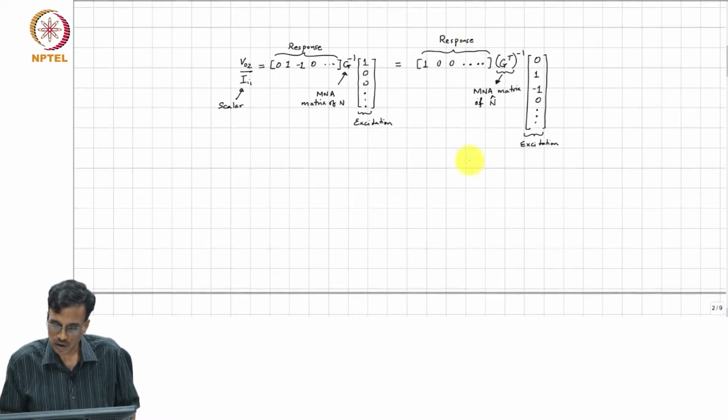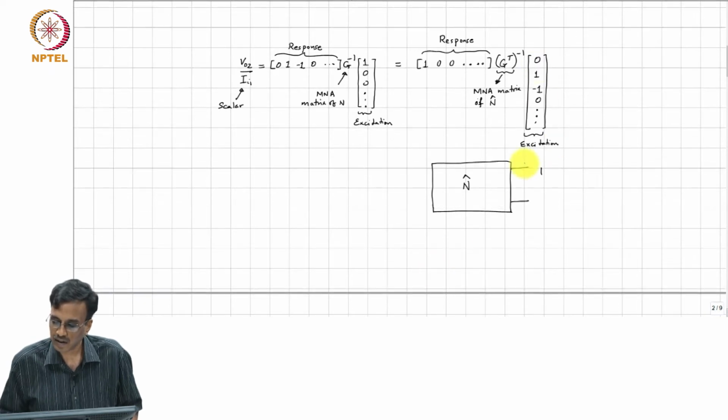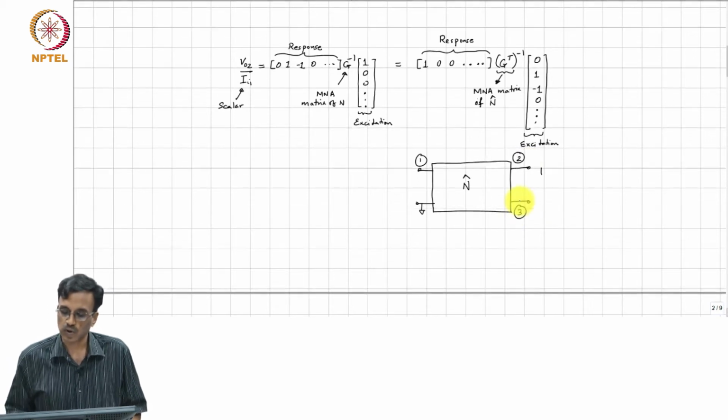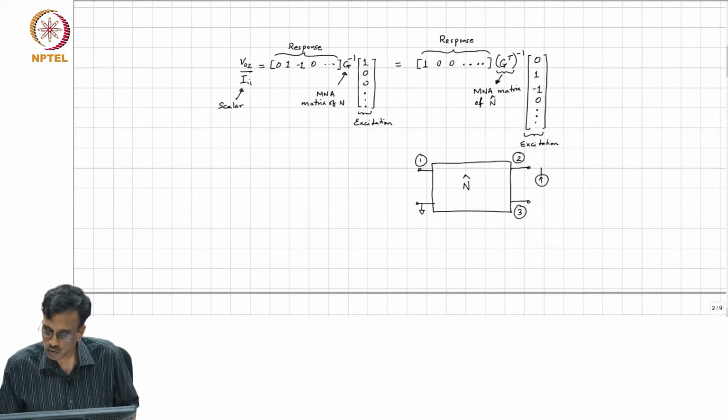All right. So, if you draw the circuit corresponding to this, it is N hat, and the excitation is between, remember this is node 1, this is ground, this is node 2 and this is node 3, the excitation is between nodes 2 and 3. Okay.